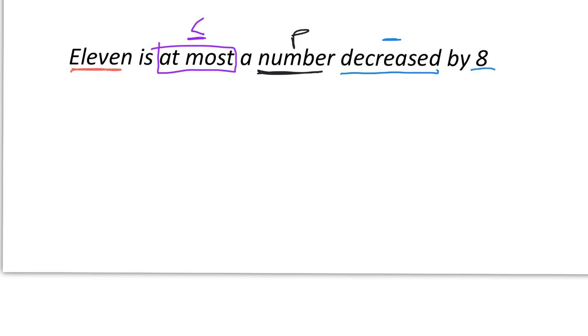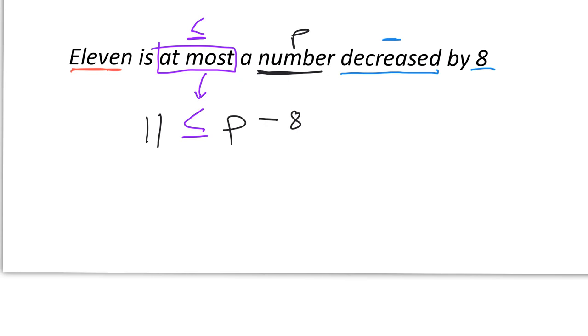So let's start with the inequality. We have at most, less than or equal to. We have 11 on the left side: 11 is at most, it's less than or equal to, the number p decreased, minus 8.